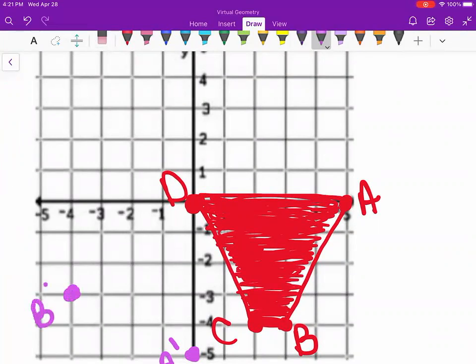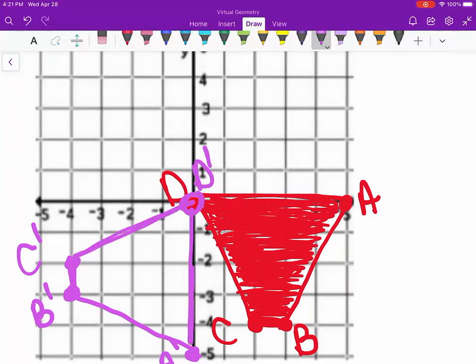So there is B prime. We have -4, -2 for C prime. And then remember, D prime stayed at the origin. And so there is our new shape.